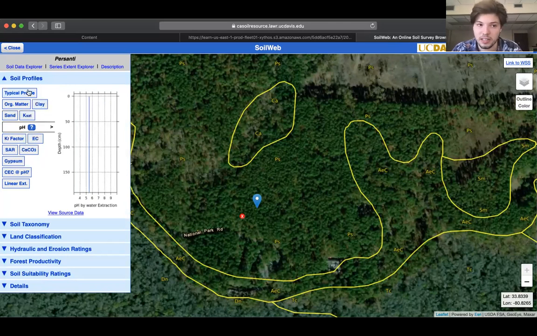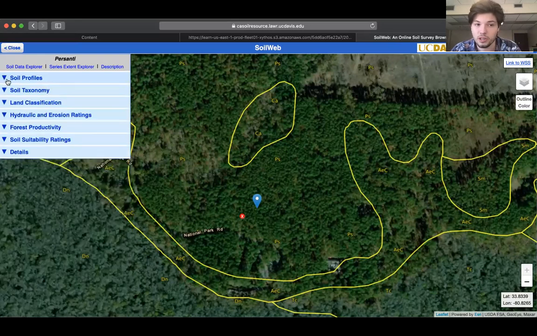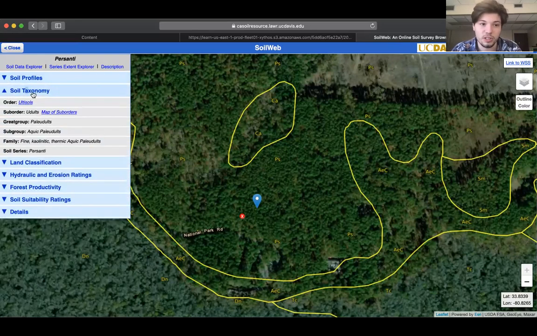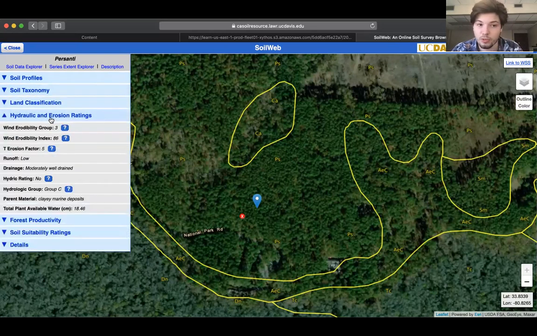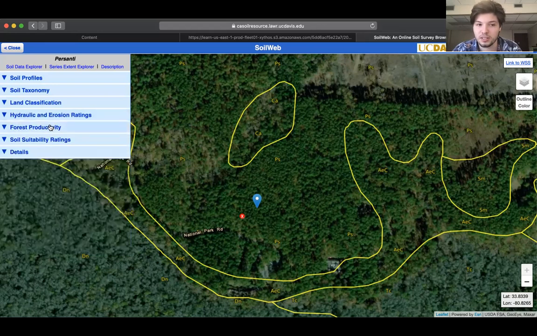There are all kinds of options here that you can explore. It's also important to know that you can close this down and look over at soil taxonomy, like soil order, which I believe you all went over in lecture. Hydraulic and erosion readings. So these are forest productivity. So these are the measures you're going to look through as you conduct this lab activity.